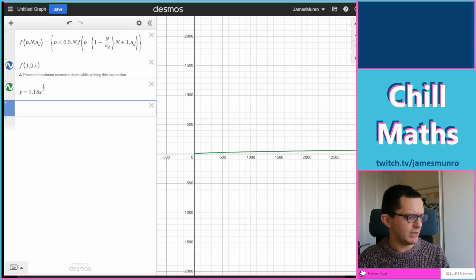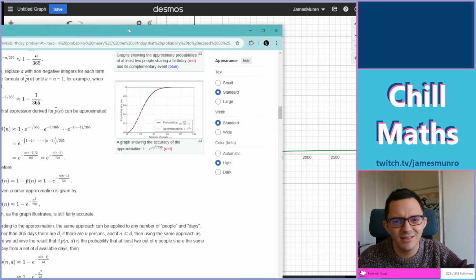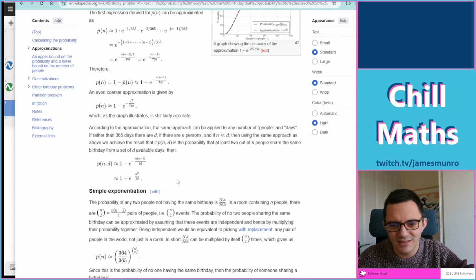Yeah, what is going on here? It's one of those things where I did some reading because it was going to come up at work or something, and then yeah, this one. What is this? Number of days available. This probability is like e to the minus n squared over 2d or something. Which probability are we talking about right now?